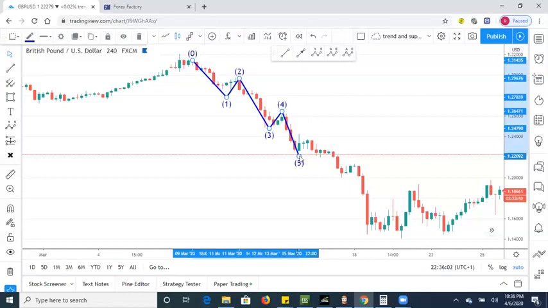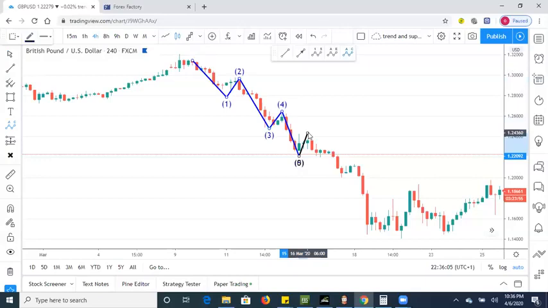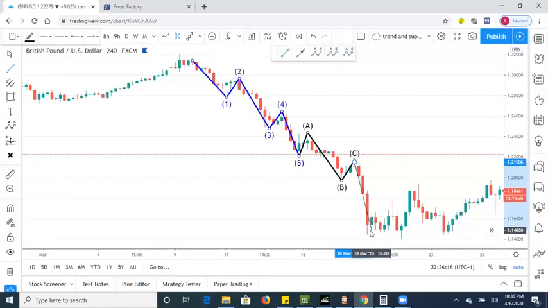Notice how price also made a correction, then a push down, another correction, and continued the move down. Very sweet, right? So you sold from 4 to 5. Let's say you got out at 5.